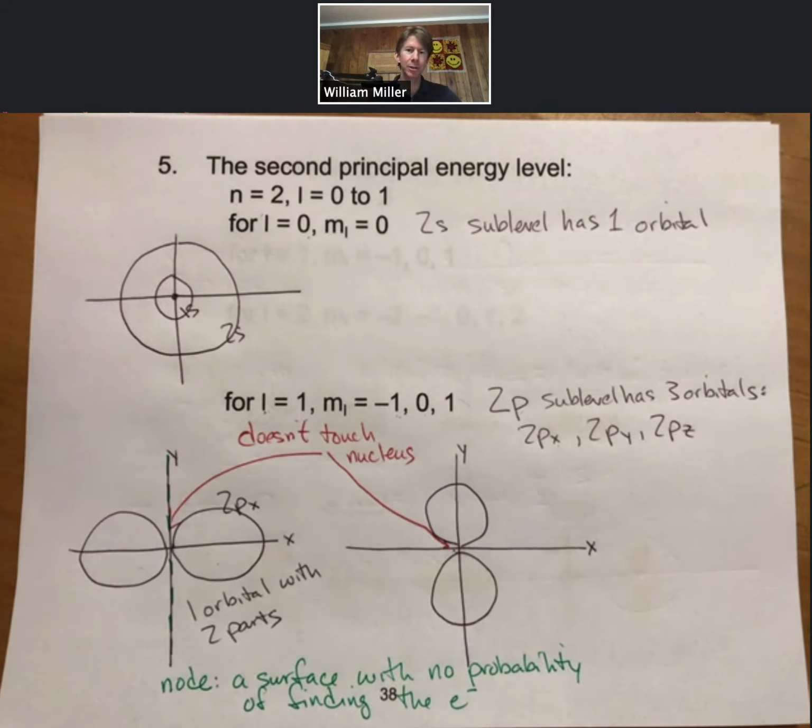And now for L equals 2, this is going to be 3d, and there are 5 orbitals. So 3d sublevel has 5 orbitals.